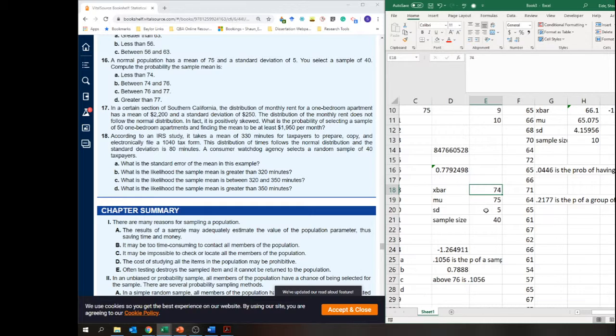So we're going to find above 77. So x bar 77. Notice I had my formulas in there, and because I had my formulas in there, it automatically updated to a z-value of 2.53. 2.53 is our new z-value, so I'll run through it again.